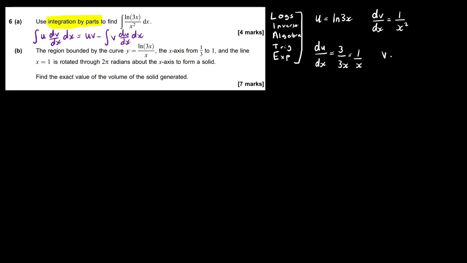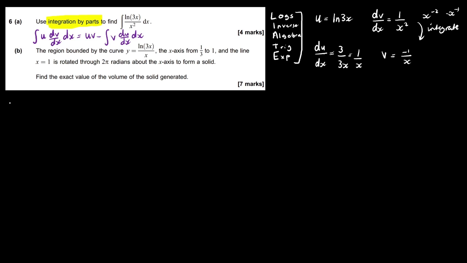I've differentiated that one, and now I need to integrate this one. It might help to think of this as x to the power minus 2. Add 1 to the power, x to the minus 1, divide by the new power, I'm going to get a minus. This is minus 1 over x.